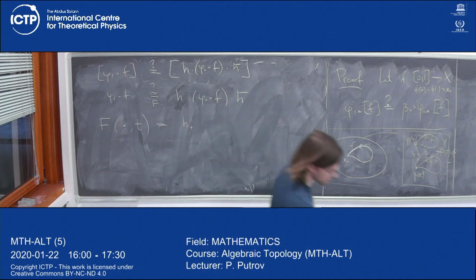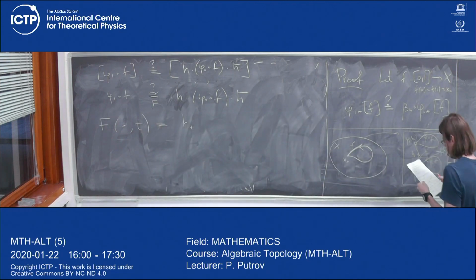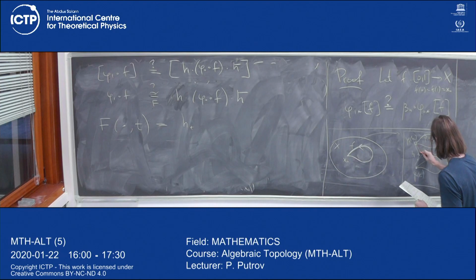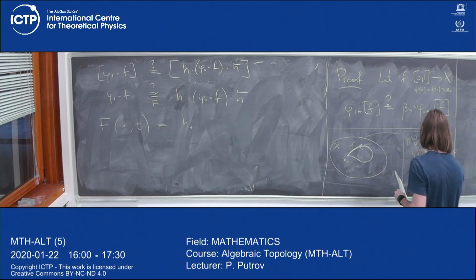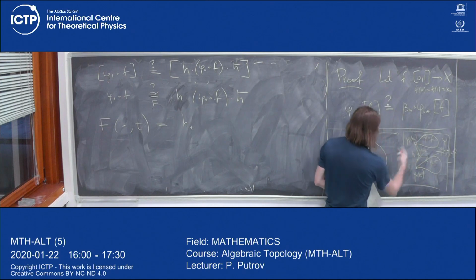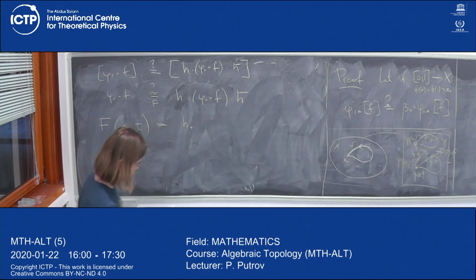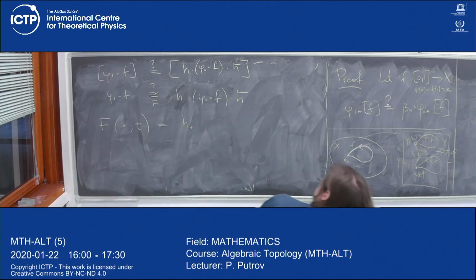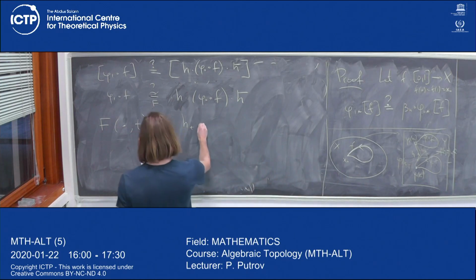h_t. So h_t will be a path, a truncated path which goes like this. So this point is phi of x0, t, so it moves when I change t from 0 to 1.